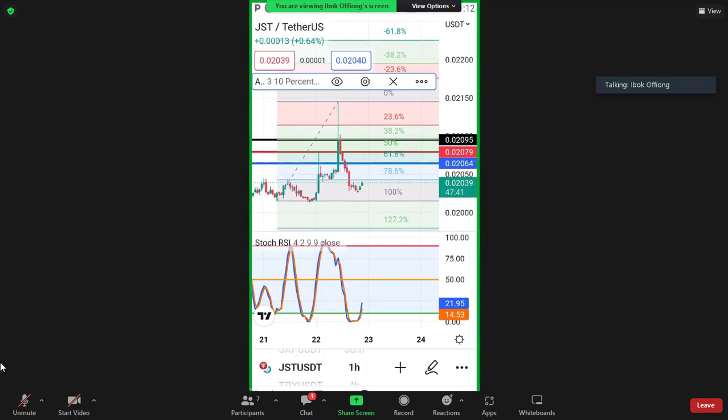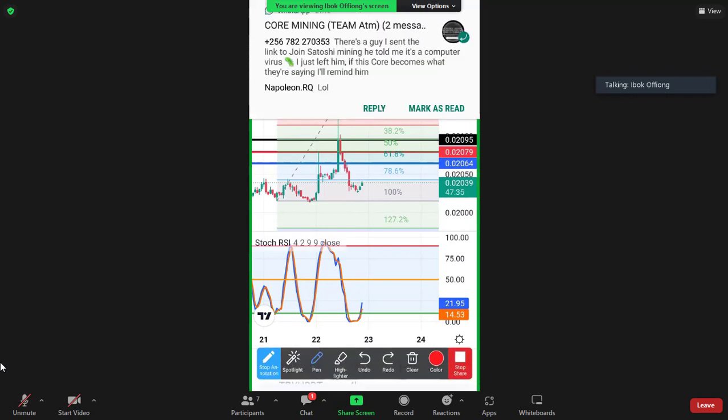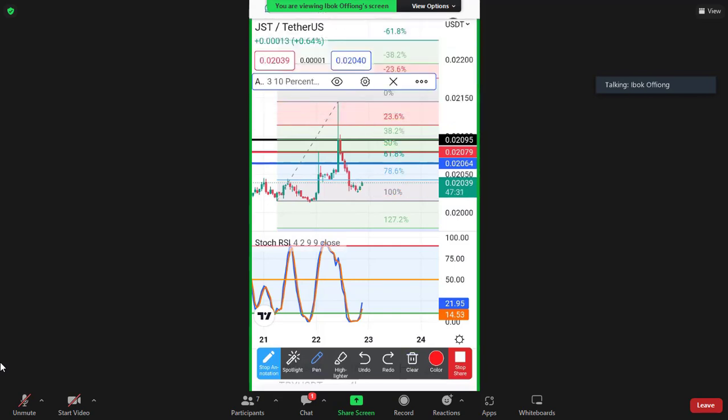The next thing it will do is to touch this important area, this 38, 50 or so on, before it continues going up. That's the next thing to do.